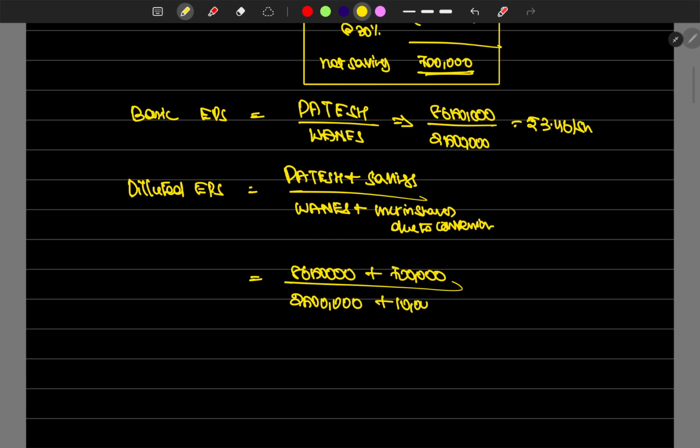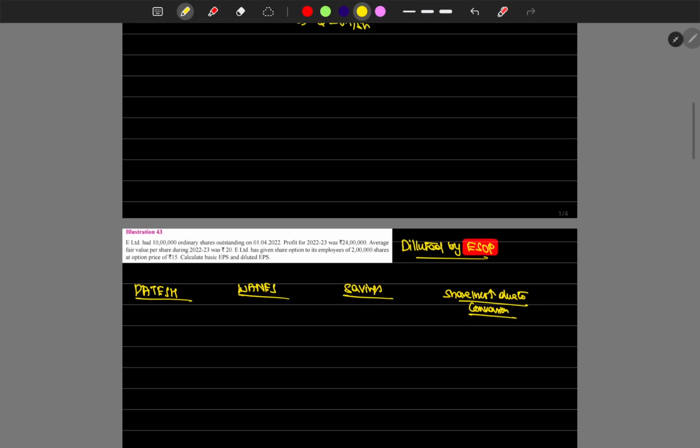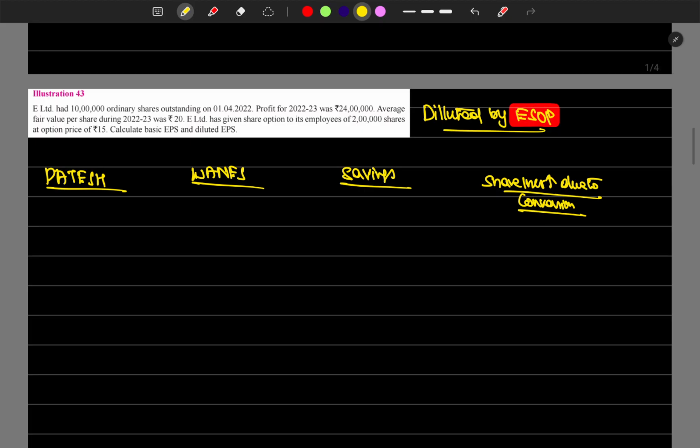So 86,50,000 plus 7 lakh divided by 35 lakh, just 2.67 per share is the diluted EPS. Okay, now we have completed the first problem, which is diluted EPS by debentures. Next, let's get into the diluted EPS by ESOP.